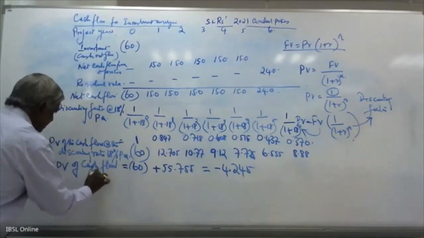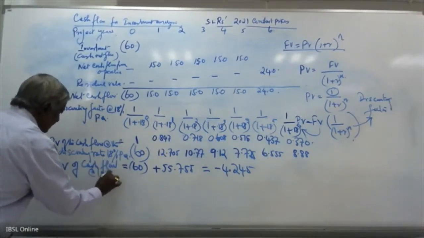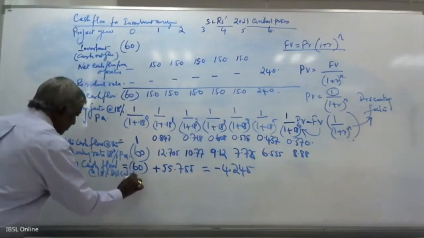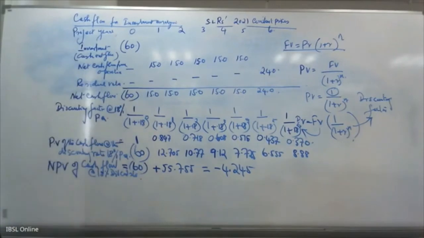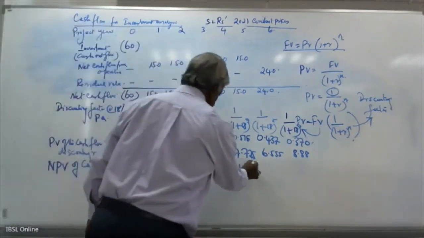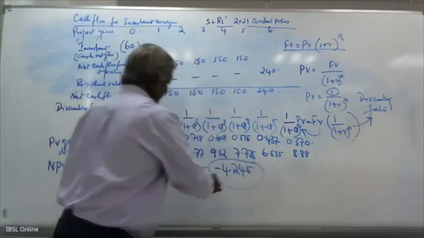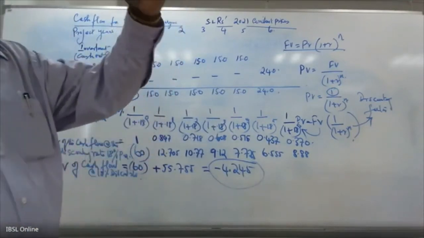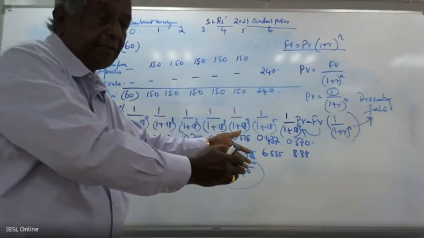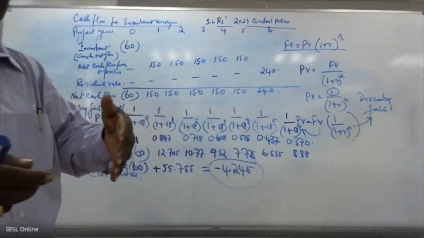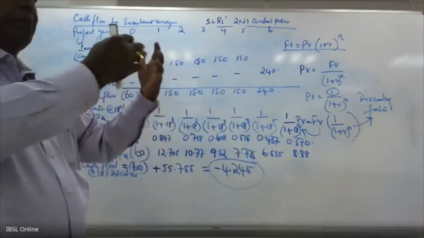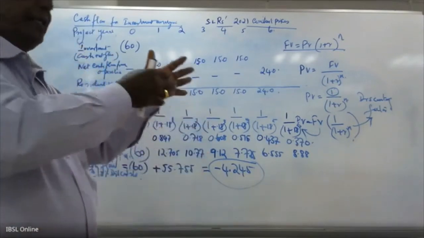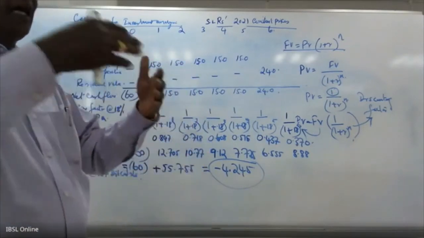at 18% discount rate. So we call it NPV, net present value. We convert all those future values to present values, and there are positive values, those are inflows, and there are negative values, that is outflow.